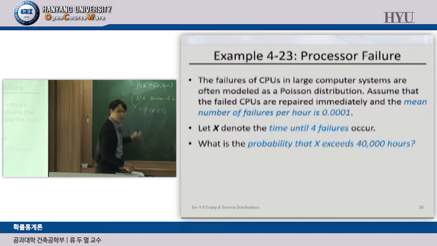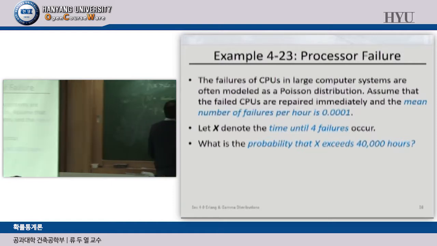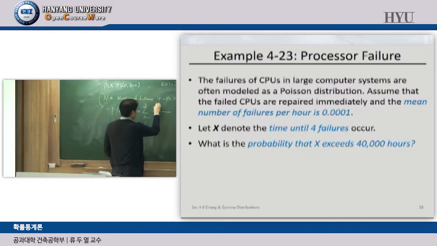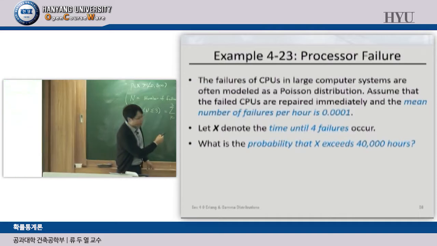So this can be changed to the summation for k from 0 to 3 of exponential minus lambda x, times lambda x to the kth power, over k factorial. We calculated lambda times x here, that is 4.